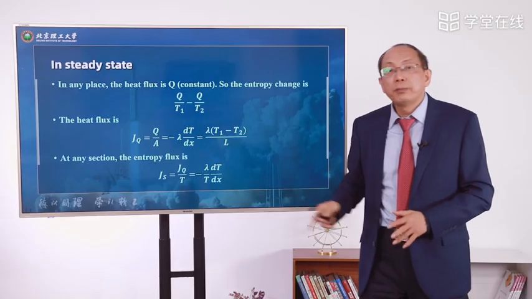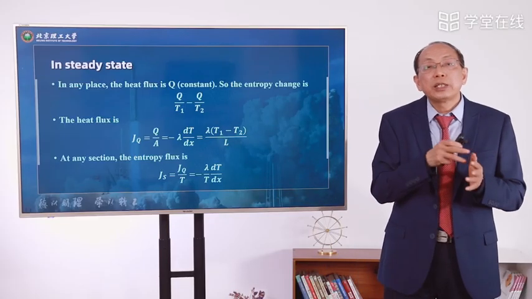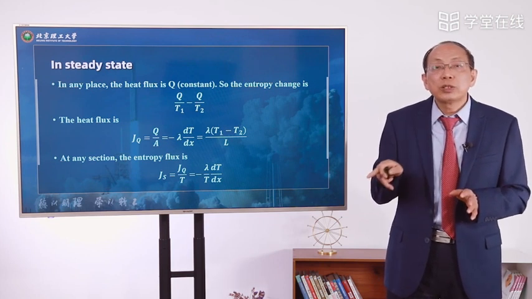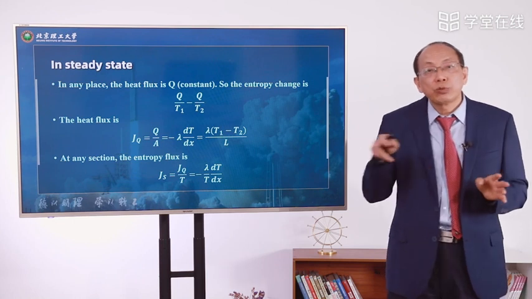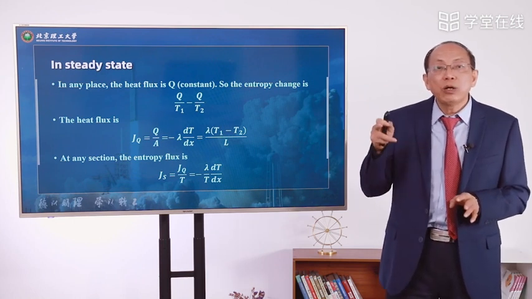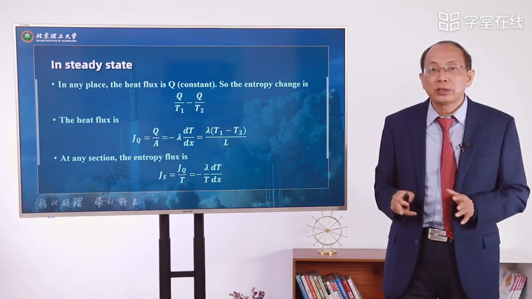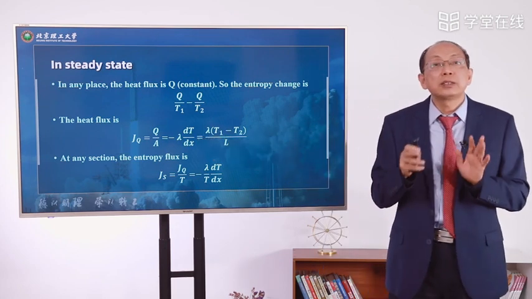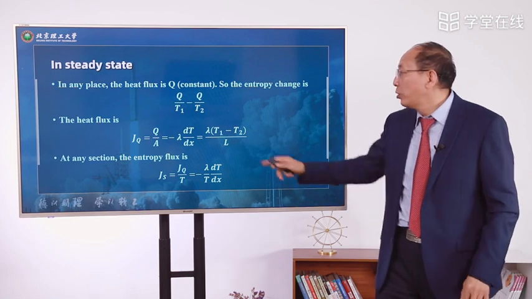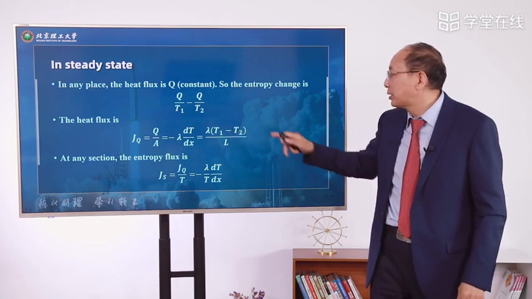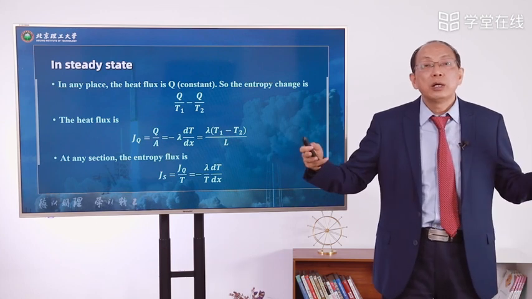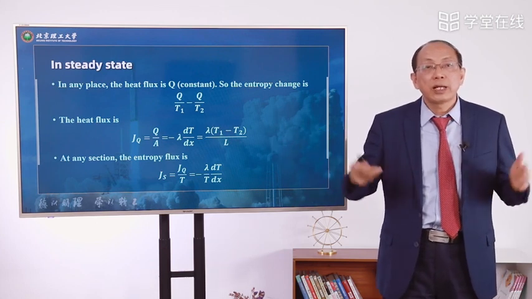The minus means that the heat always transfers from high temperature to low temperature, so dT over dx is always negative. Adding a minus makes it positive. So it equals lambda (T1 minus T2) over TL, where TL is the total length.